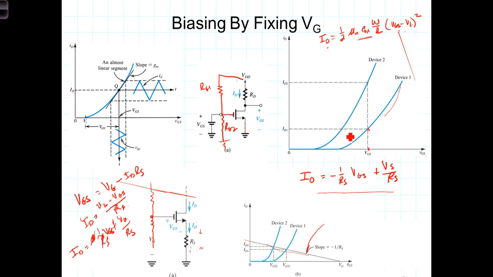Where in the past VGS was constant and represented large variations in I sub d, VGS now moves somewhat according to this line and results in significantly reduced variations in I sub d. Conversely, variations in I sub d are constrained by this movement of VGS.